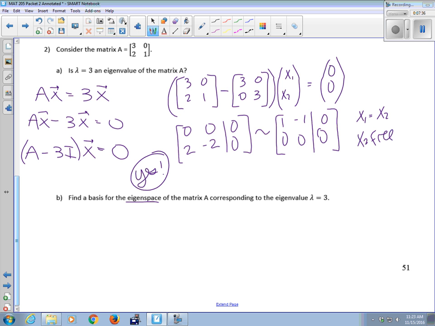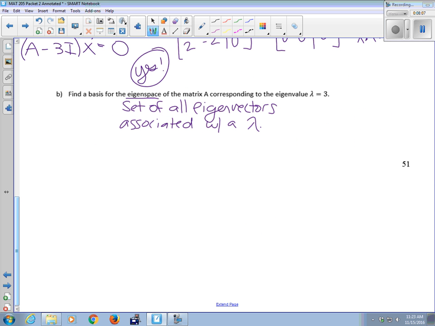So the eigenspace is the set of all eigenvectors associated with a given lambda. For our case, for lambda equals 3, I want to describe all the eigenvectors that go with that lambda, and in that case it's just x1 equals x2. It's all the vectors where the two entries are the same. We can describe that in a couple of ways. We could say it is the set of all vectors that look like (a, a) such that a is a real number.